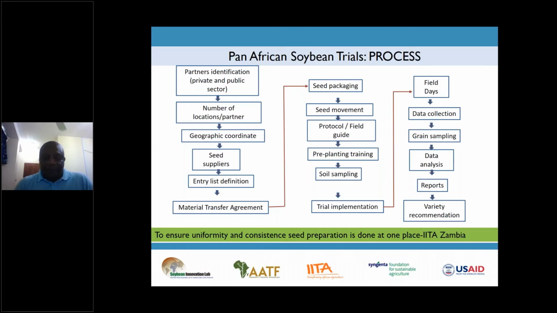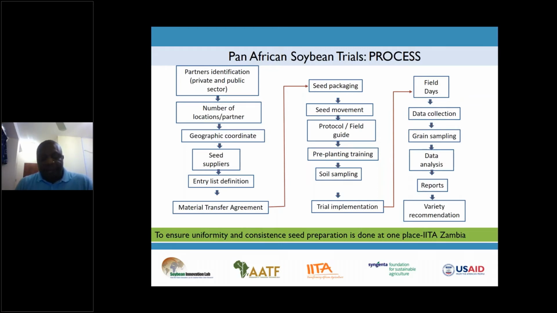Because some of the varieties have breeders' rights, we do a material transfer agreement, negotiating with the breeders to bring those varieties into the trialing schedule. We need breeders to accept that their varieties can be trialed in the different countries.